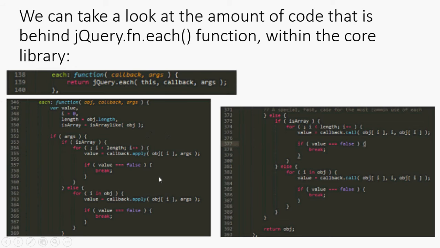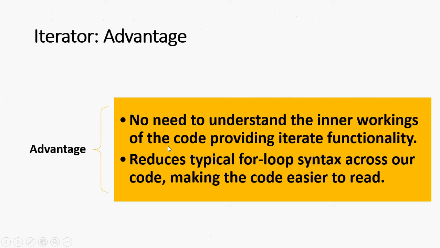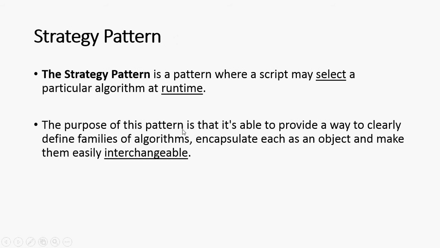We just need to call each and define our parameters, set some attributes, and we can get an iteration. So the benefit is that we don't need to know the inner workings of the code providing the iterate functionality, and it also reduces the for loop syntax across our code. It makes our code easier and cleaner.